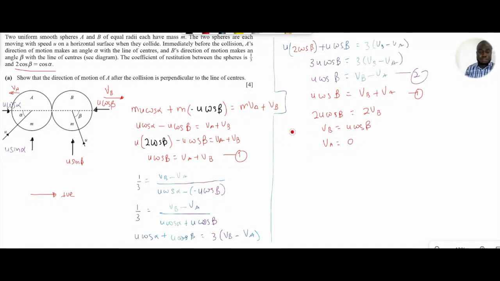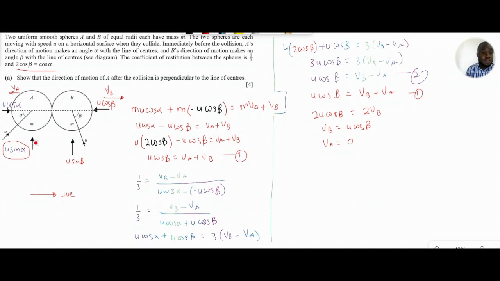Now take a critical look at something. If after the collision, the velocity of A along the line of centers becomes 0, but A maintains its velocity in the forward direction, that will mean that, or hence, it shows that the direction of motion of A after the collision is perpendicular to the line of centers.